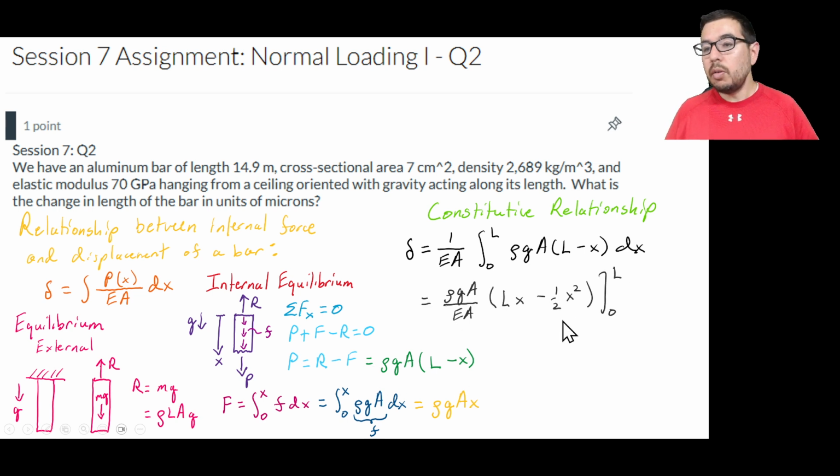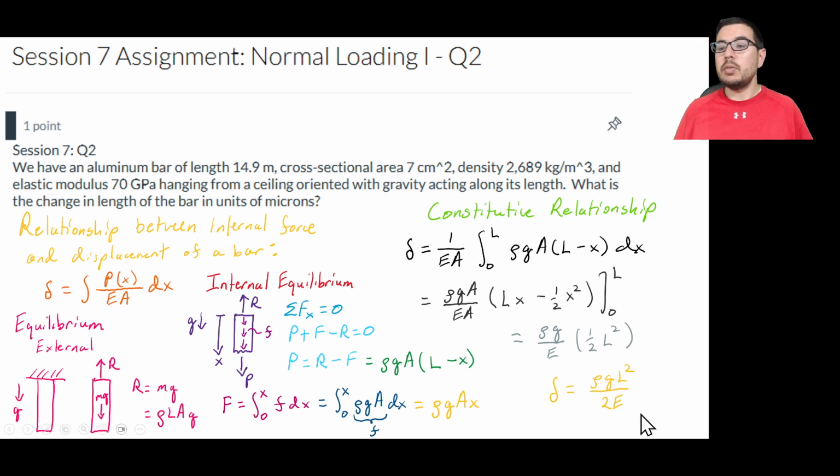And we go ahead and perform this integral, and we then substitute in L and 0 appropriately. And the final result is rho g L squared over 2E. And this result is kind of a classic one and allows us to think about how gravity, a constant gravity, is pulling on a bar to get it to extend as it hangs.